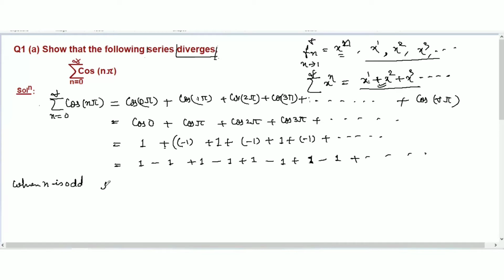then we find the limit as n tends to infinity of cos of n pi. We are writing this as a sequence, not a series. This is the series we have taken. Always we need to write down this series as a sequence, like f(n) equal to cos of n pi, or you can write u_n equal to cos of n pi.